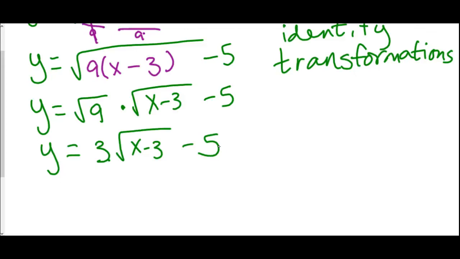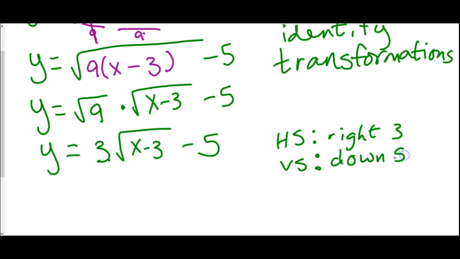So we can identify our horizontal shift, vertical shift, and stretch, shrink, or if we're flipping. So negative 3 inside was our horizontal shift. Horizontal shift is opposite, so negative actually means to go to the right. So horizontal shift is right 3. Vertical shift is that number outside, negative 5. It's negative, so that means go down 5.